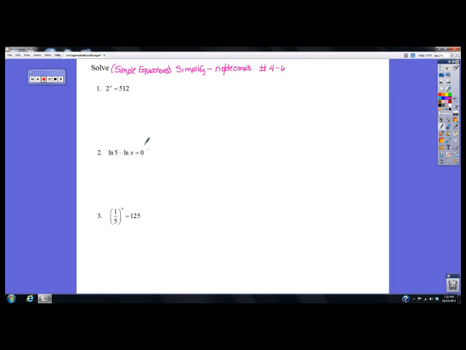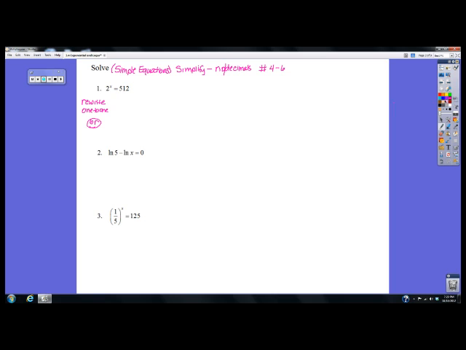So let's simplify this as far as we can. 2 to the x power equals 512. Well, we have two options to solve this one. We can rewrite using the one-to-one property, or after we do that, I'll approach this a different way.